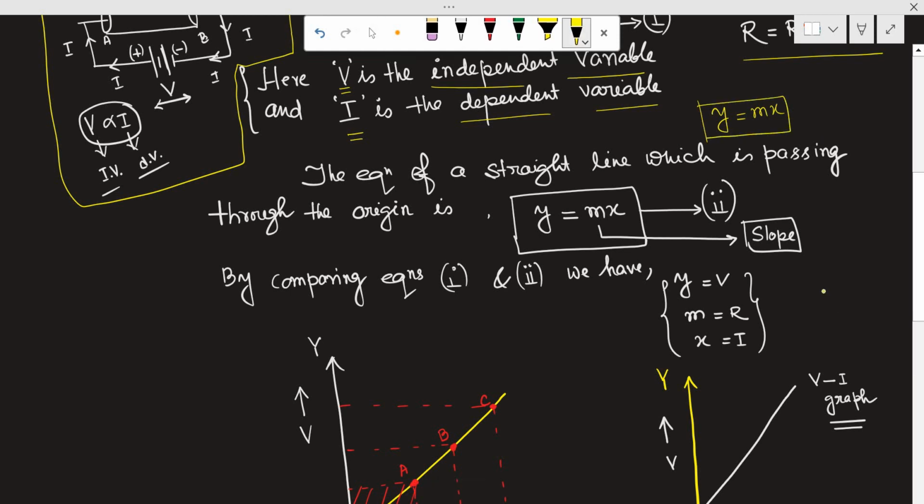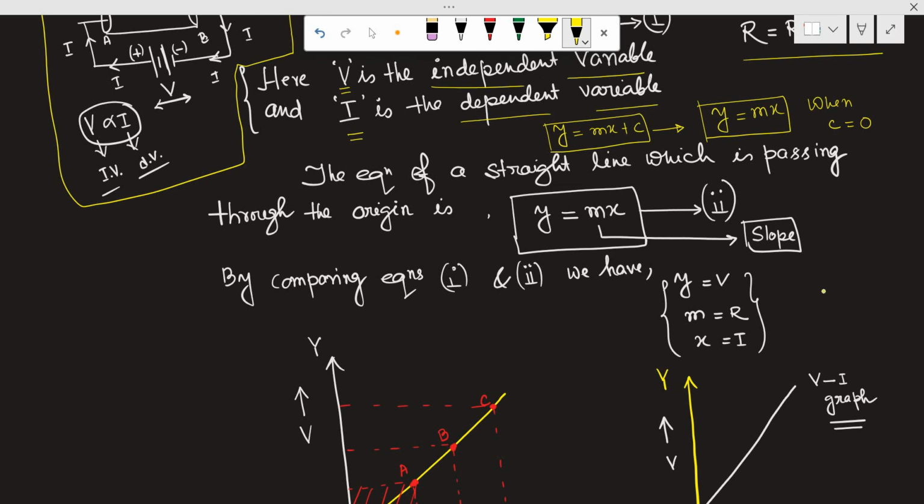The actual form of the equation is y equal to mx plus c, and from this equation we can reach here when c equal to 0. Okay, c is a constant, and obviously in this case it is 0. The equation of a straight line passing through the origin is like this: y equal to mx.